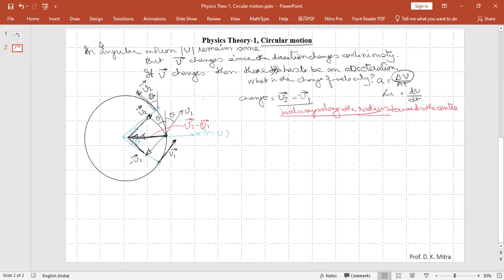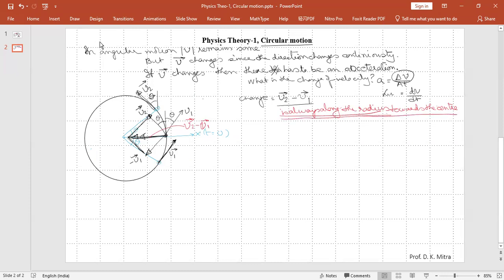That means when a body is moving in a circular path, although the magnitude of its linear velocity does not change, its direction changes. And this change of direction produces an acceleration, and that acceleration is always directed towards the center of the circle.